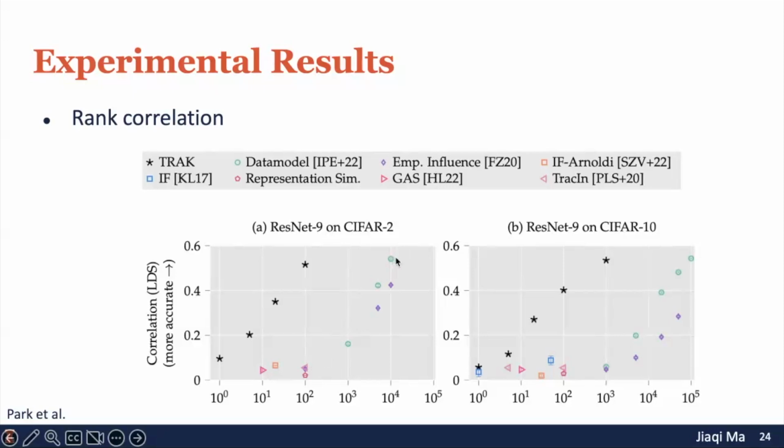So overall, TRAK requires orders of magnitude less computation than linear data models, while still achieving very good performance in this counterfactual prediction. Note this x-axis is in logarithmic scale, so the difference between these two is quite significant.